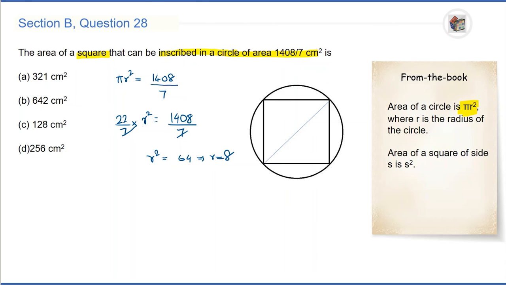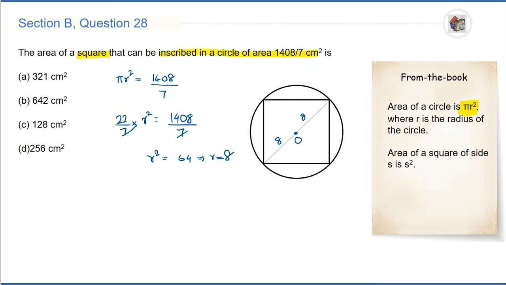Now here I'm interested in the square, so I have to be able to connect the square with the circle. You see this diagonal of the square that I've drawn? It is also the diameter of the circle, so the center of the circle is somewhere here. Now what that means is that if this is 8 because the radius is 8, so the diagonal of the square is 16.